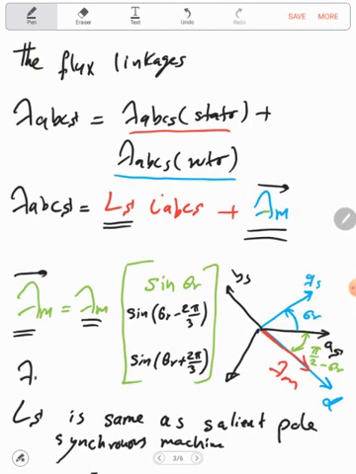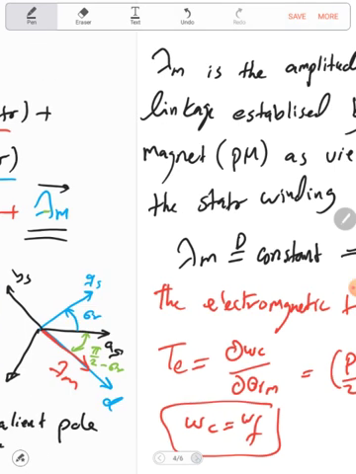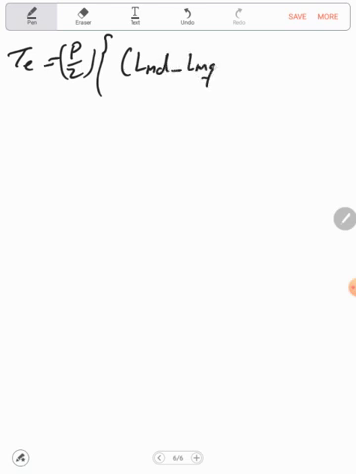So if we do the math and collect the terms, TE will equal P over 2. Here we can write LMD minus LMQ over 3. Open the bracket here.